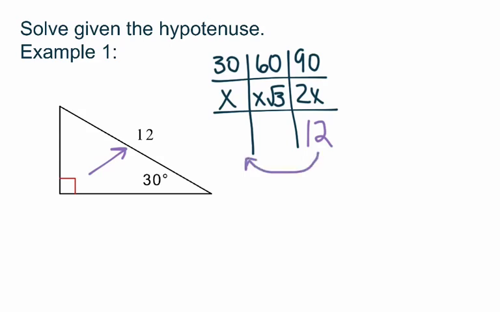So since we are going from right to left, we need to divide. So 12 divided by 2 is 6. Okay, and then to go from the 30 to the 60, we multiply because we're going from left to right this time. So we have 6 square root of 3.